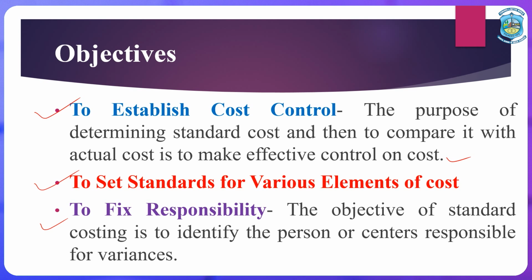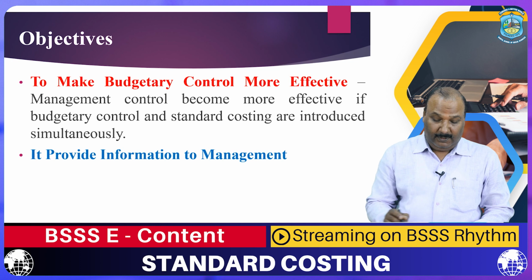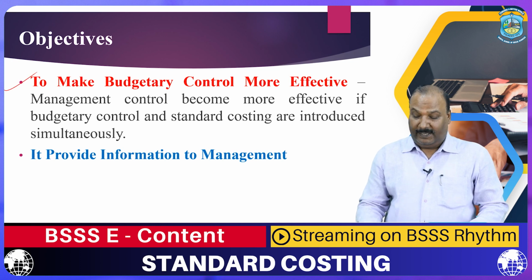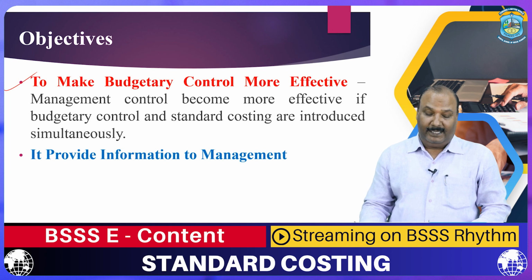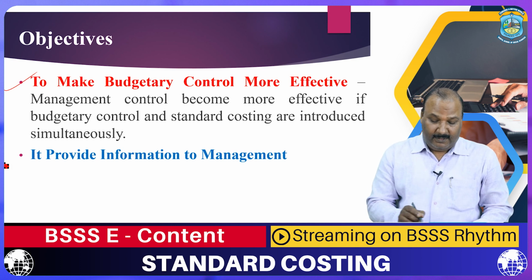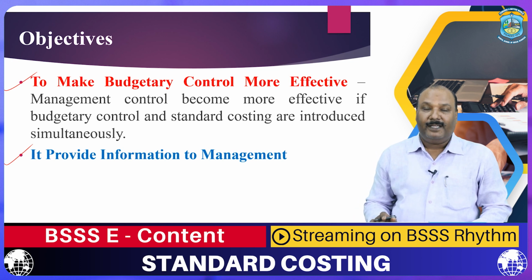There are many departments and persons involved in the working, so the objective is to identify the persons and centers who are responsible for the variance, to make budgetary control more effective. Management control becomes more effective if budgetary control and standard costing are introduced simultaneously. Next is to provide information to management. It helps management in taking corrective actions if required.